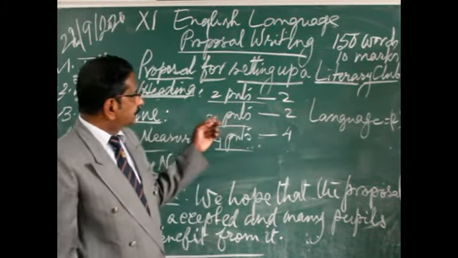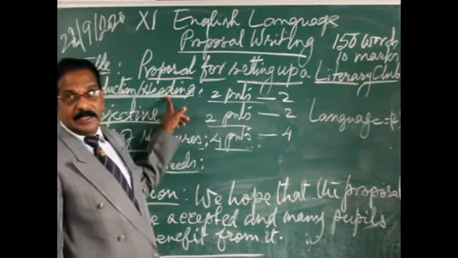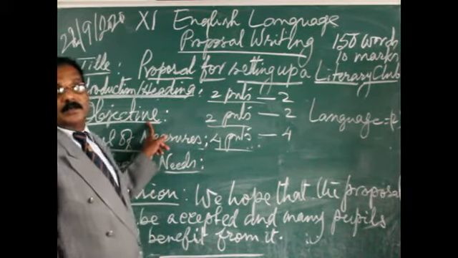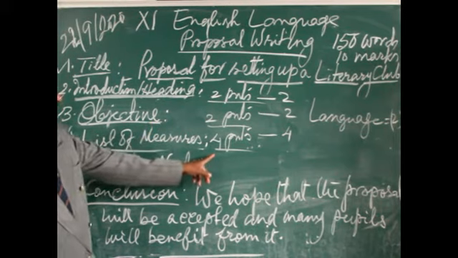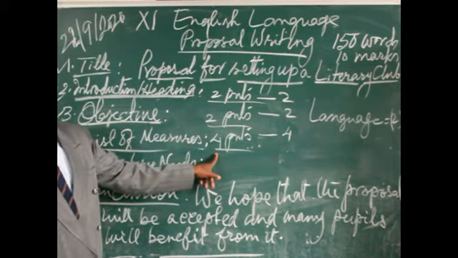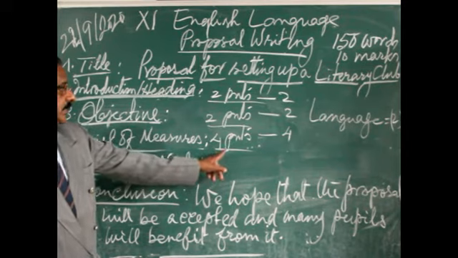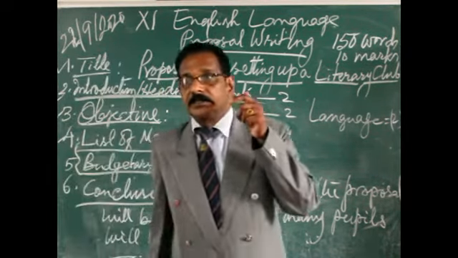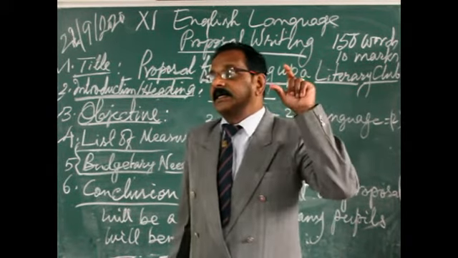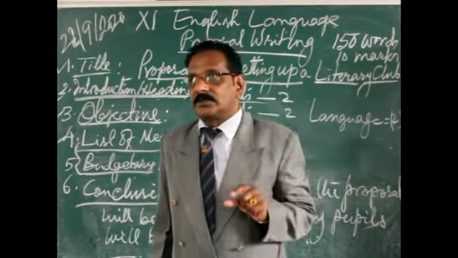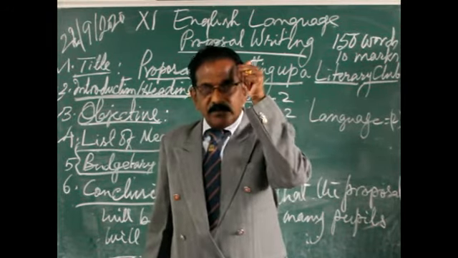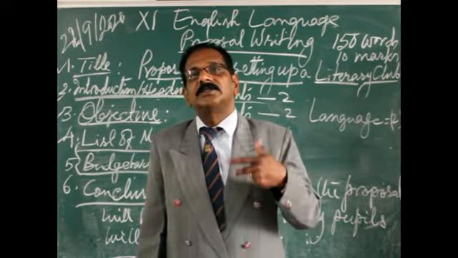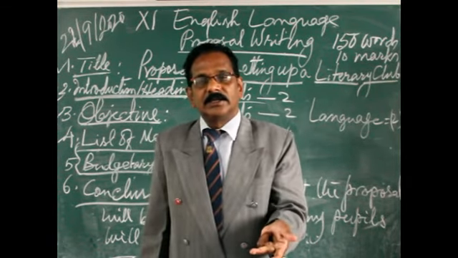Alright? So this is how your marks are divided. For your points in the heading, 2 points, you get 2 marks, and 2 marks for your objective, and for your list of measures, minimum of 4 points, you get another 4 marks, and your language ability. That means, see, it's a short piece of writing in about 150 words, and therefore you have to be correct in your spellings, in your grammar, in your syntax, right?